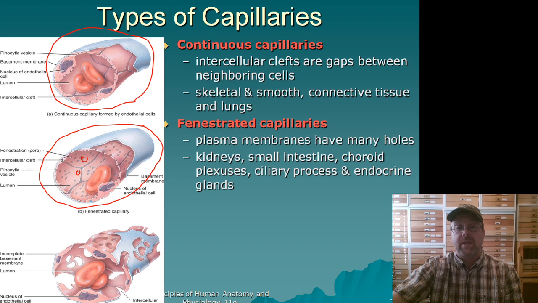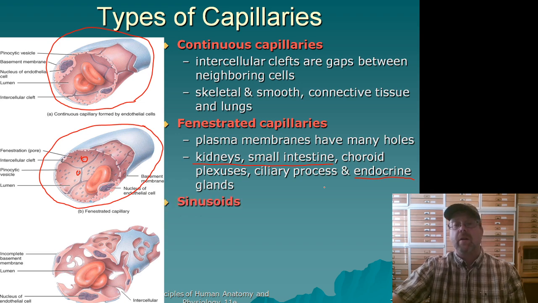Where do we find them? Places like the kidney, small intestine, the choroid plexus of our brain, and various endocrine cells. So when you think about a hormone, it's a big molecule. It may need help getting put into the bloodstream. So these holes, these fenestrations, allow a larger molecule to pass.